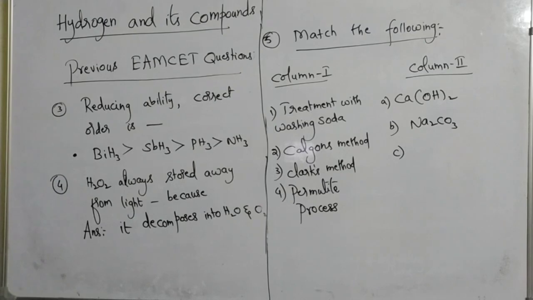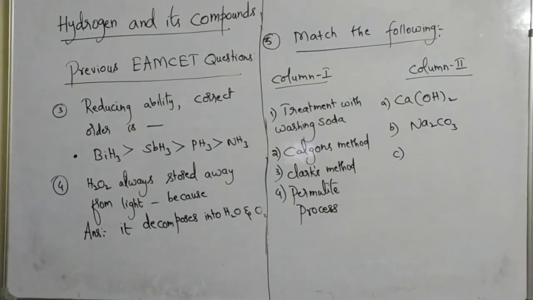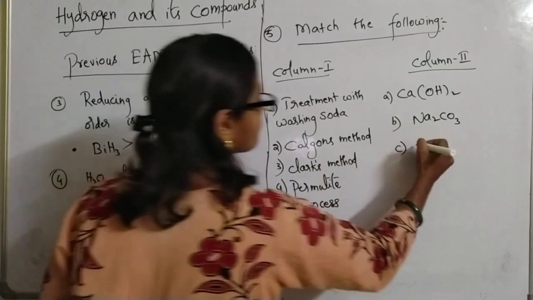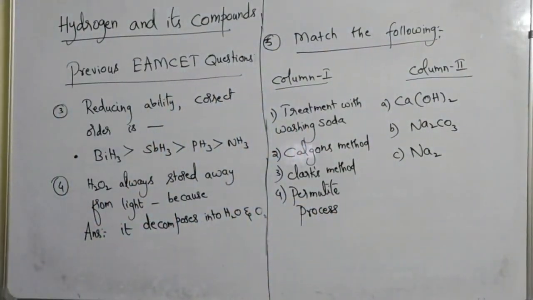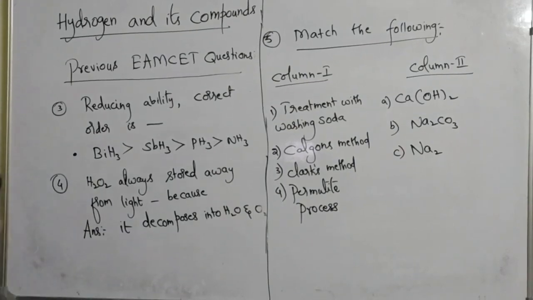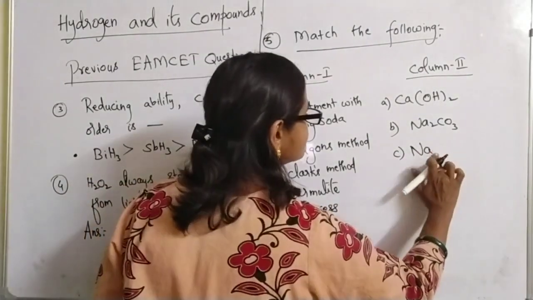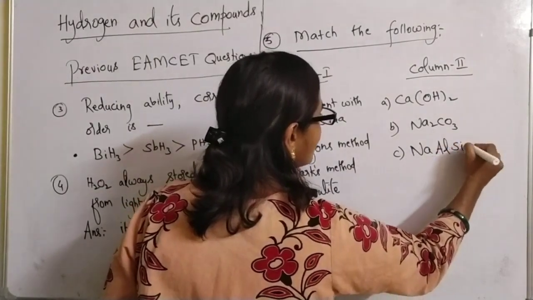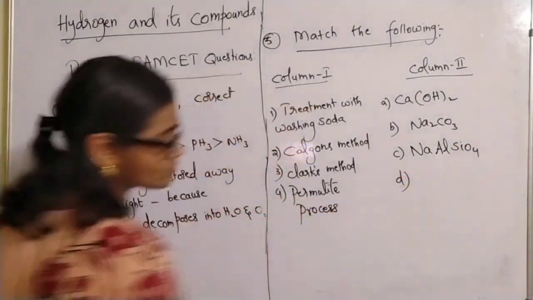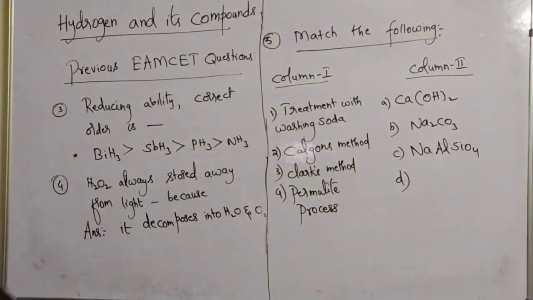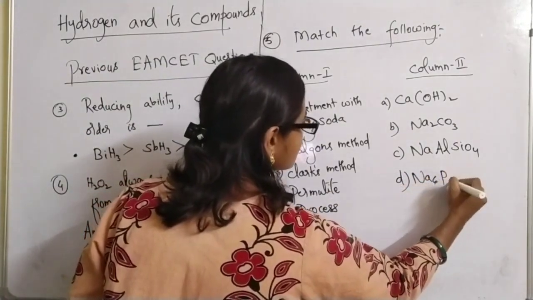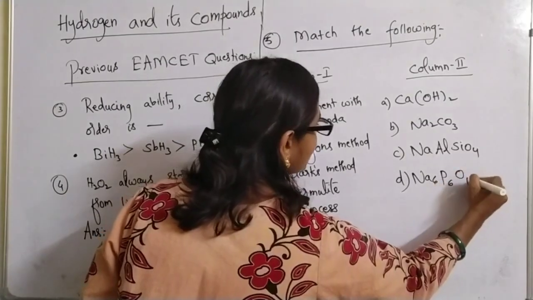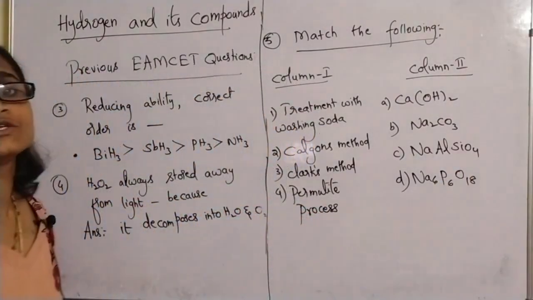And next, sodium aluminum silicate, NaAlSiO4. And option D is Na6P6O18, that is only Calgon. Okay, so you have to do match the following here.